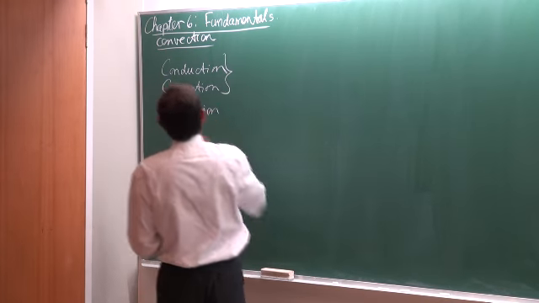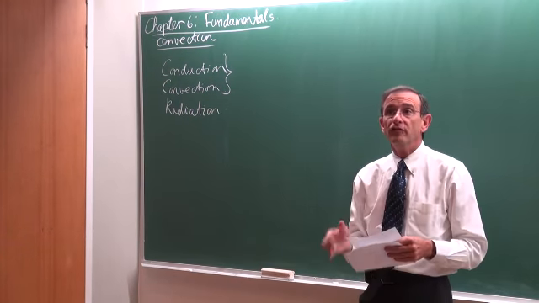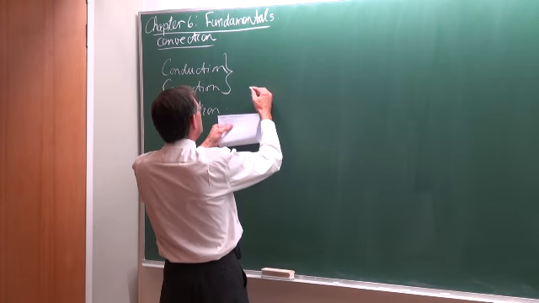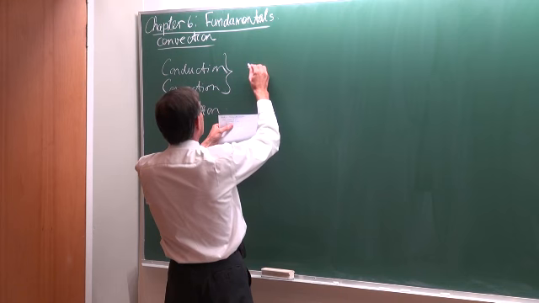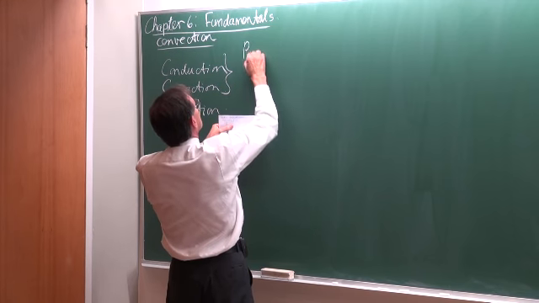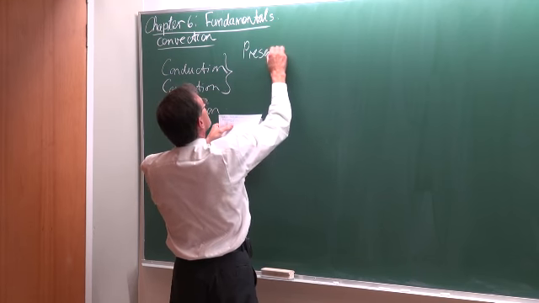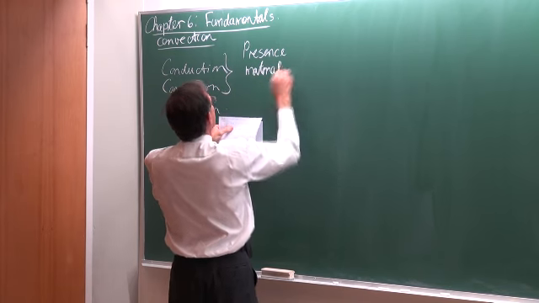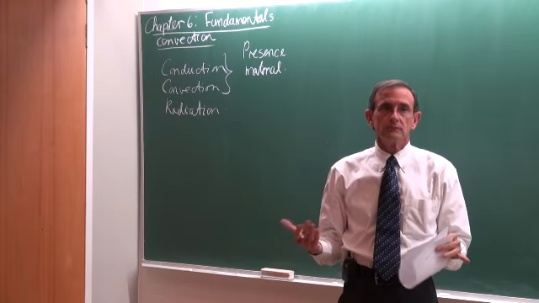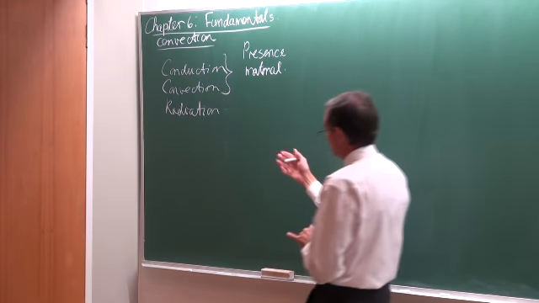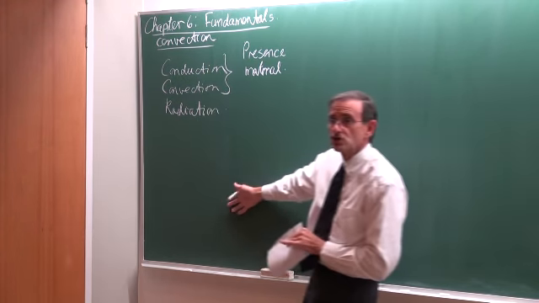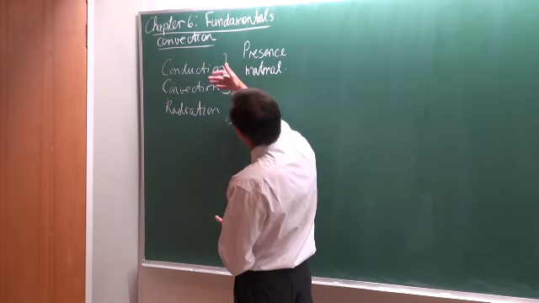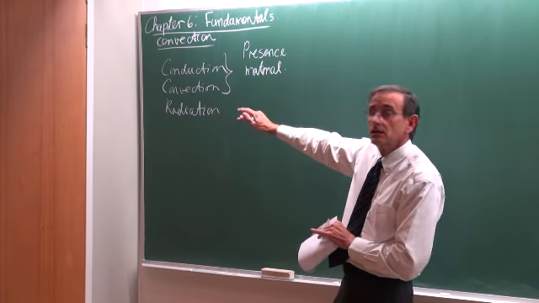The one thing that is different between conduction and convection, compared to radiation, is that they need the presence of an internal or material medium. So there should be a presence of a material, and in the case of conduction, it can be a solid, or it can be a liquid or a gas.